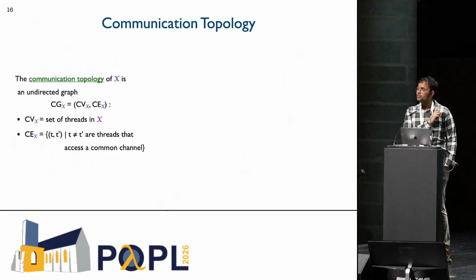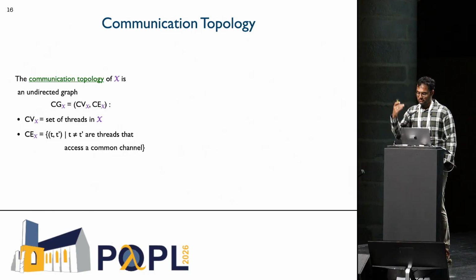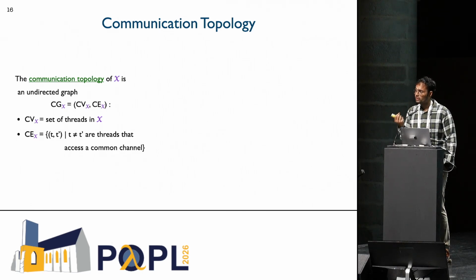It is about communication topologies, and it talks about a subclass of instances where you can actually solve this problem in quadratic time. You characterize these instances by looking at how threads communicate with each other, and then you come up with the notion of a graph on threads.